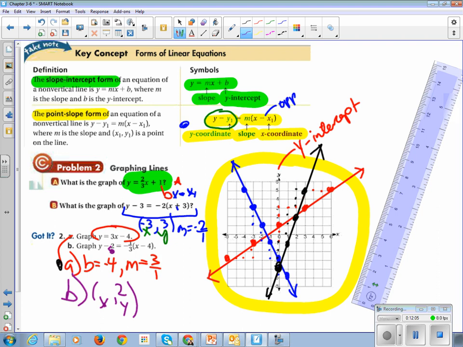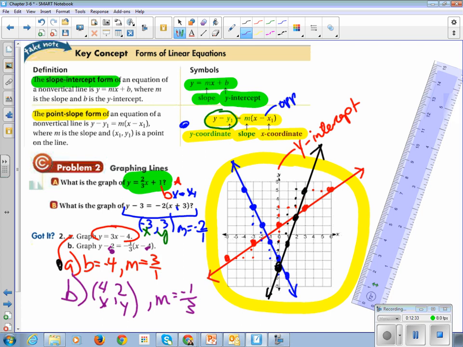And our x coordinate is going to be the opposite of minus 4, so it's going to be plus 4. And our slope is negative 1 over 3. When your slope is already negative, it doesn't matter top or bottom who gets the negative. If I wanted, I could write it as 1 over negative 3, but in this case, I have no problem writing it negative 1 over 3.